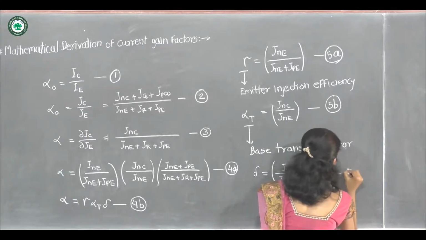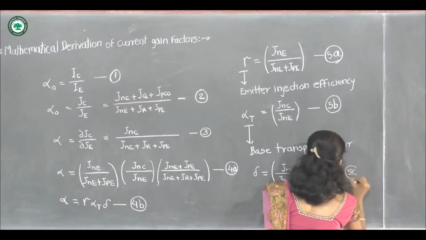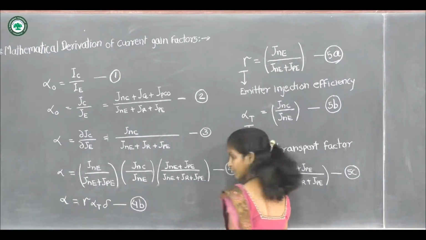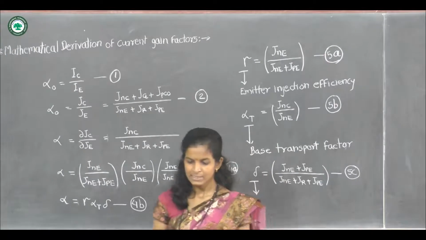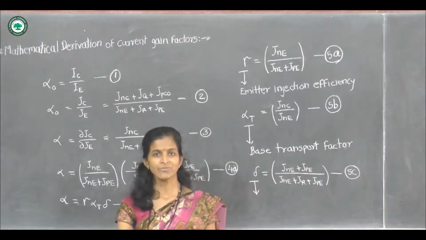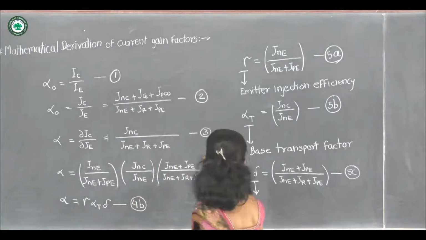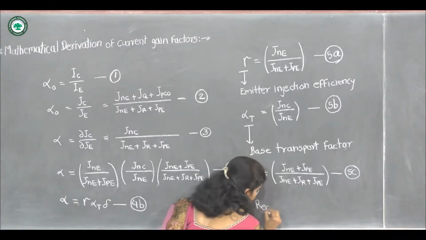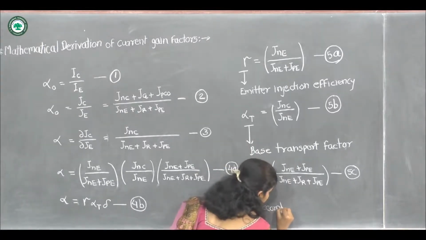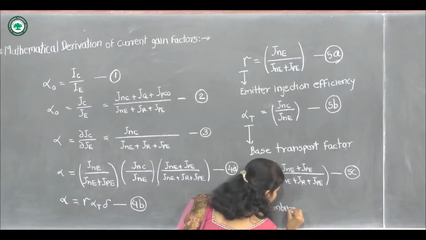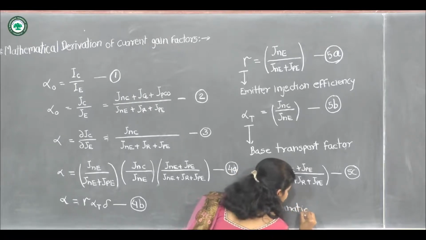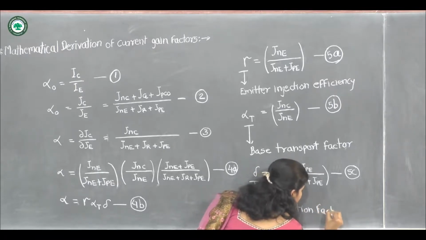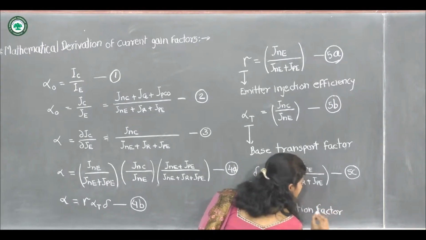This is equation number 5c, and this factor delta is known as the recombination factor.